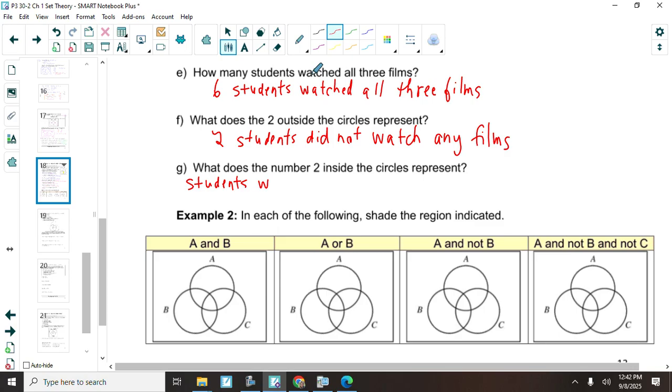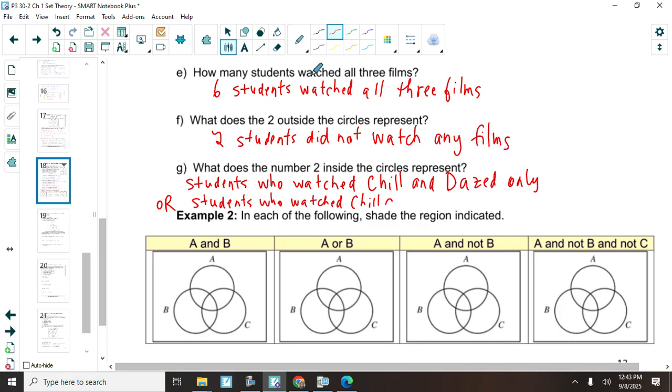Students who watched only, or students who watched chill and dazed, not perfect rebel.